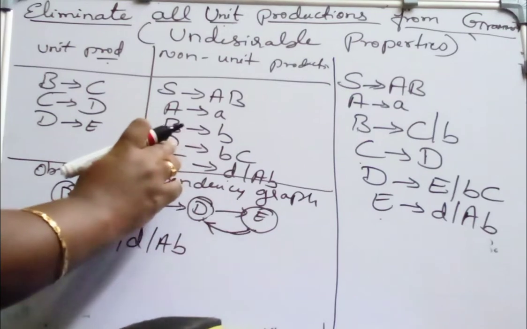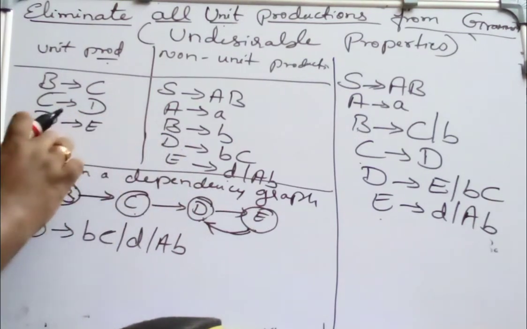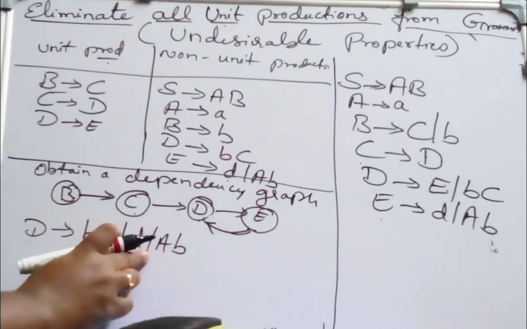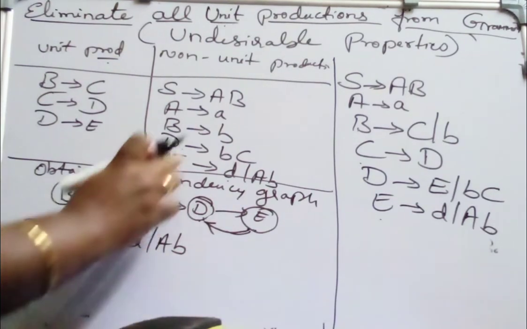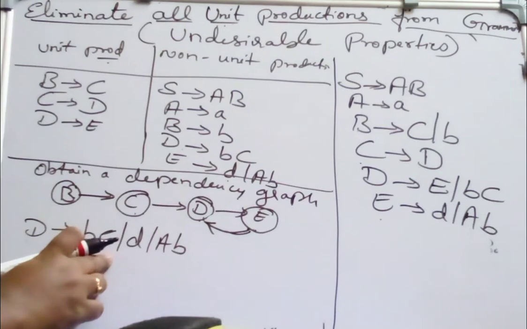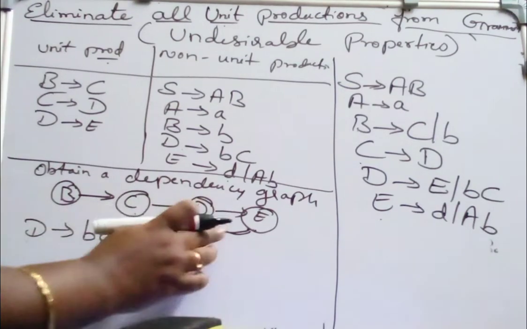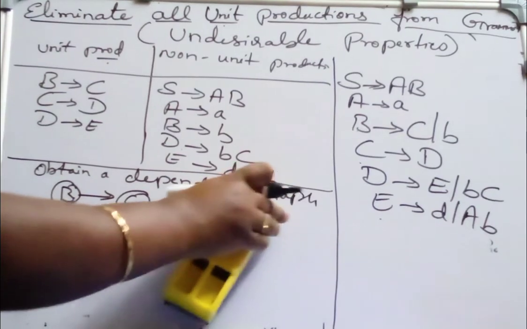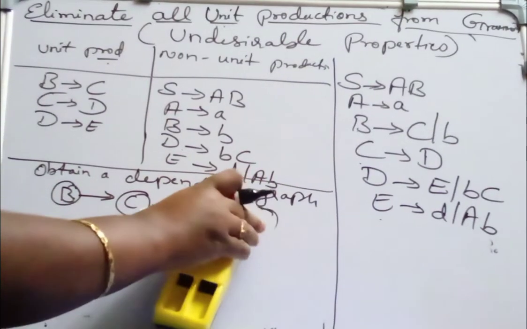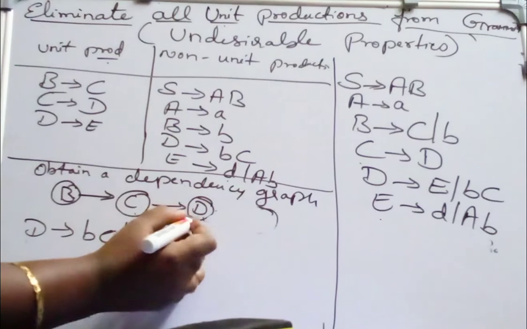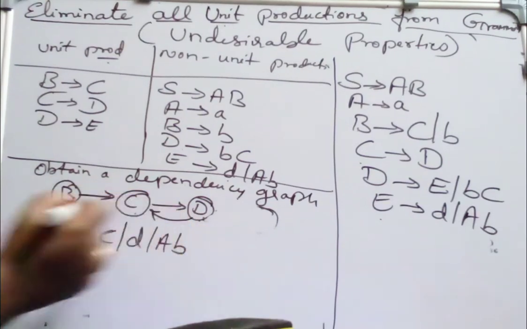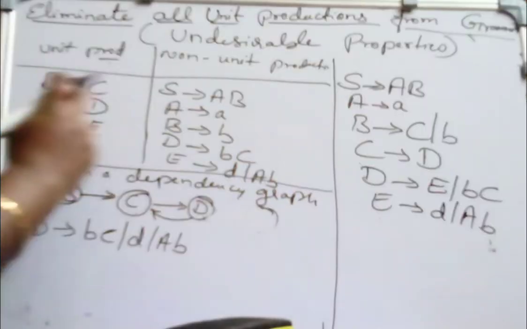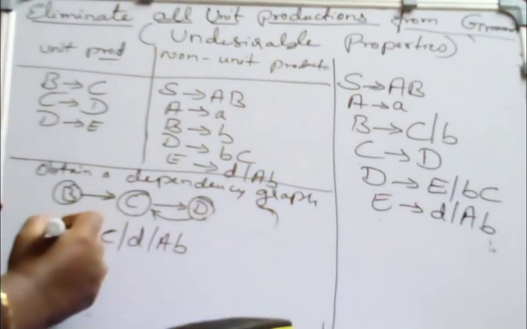Now D derives E is there, right? So we wrote D derives E, that is D or AB, and D also derives BC. Similarly, this part D derives E got removed. The next step is that whatever is there in D should be copied to C, because C is dependent on D. What are the productions of C?